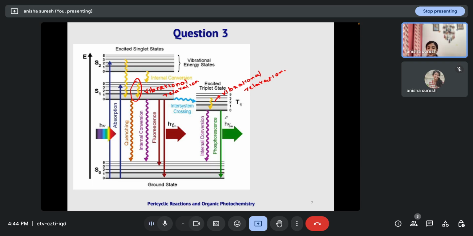Then from T1 to S0, if it is following a radiative process, it is an example of phosphorescence. And from S1 to S0, when it is following a radiative process, it is an example of fluorescence. So this is the Jablonski diagram. If you are having any doubts regarding the Jablonski diagram, you can ask.